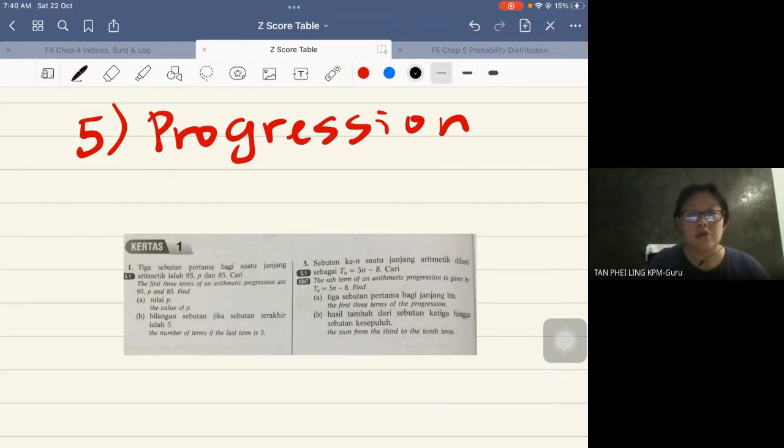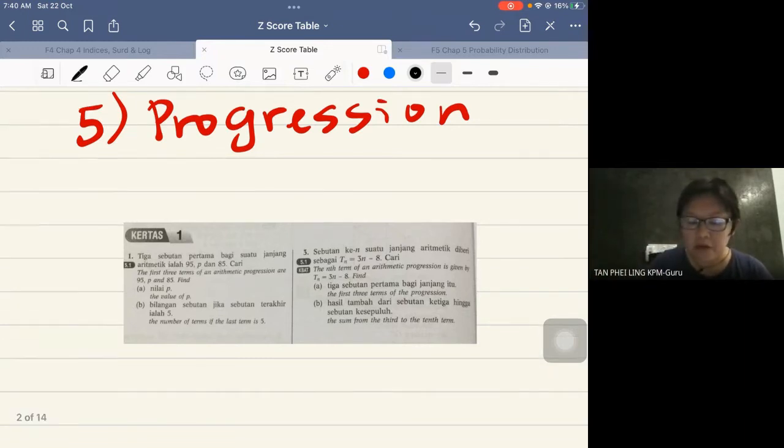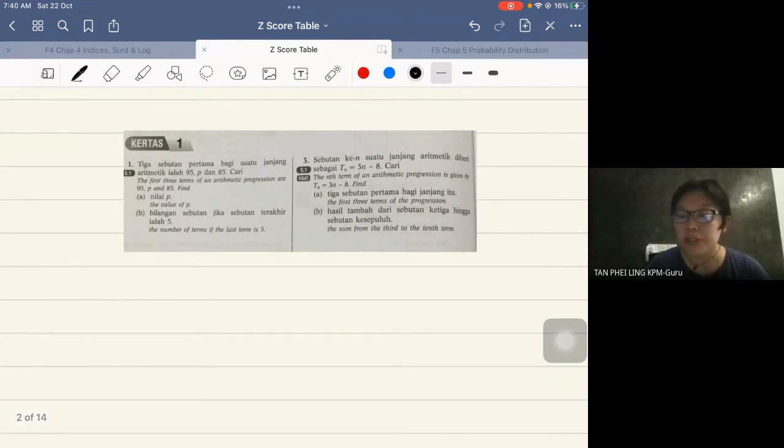For this chapter, it is actually simple, but the questions can be tough because there is a lot of interpretation that you have to do on your own in order to answer. Those who have started to try will understand what I'm saying. This chapter only has two types of progression: one is arithmetic progression, or AP, and another is GP.